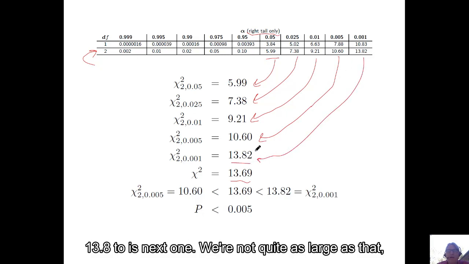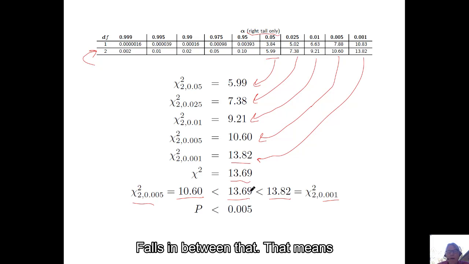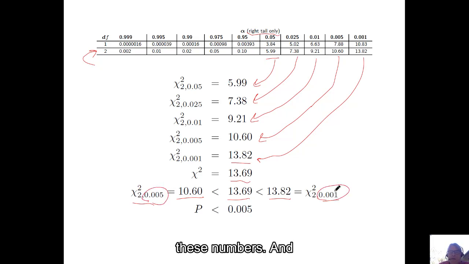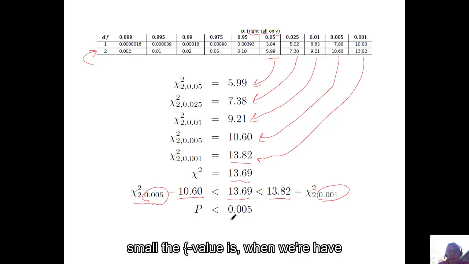We're not quite as large as that, right? So the critical value for the 0.005 level is 10.6. The critical value for the 0.001 level is 13.82, and our test statistic falls in between that. That means our p-value is going to fall in between these numbers. And it's usually more important to convey to people how small the p-value is when we have a tiny p-value.